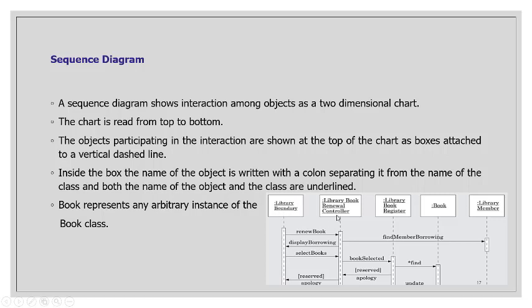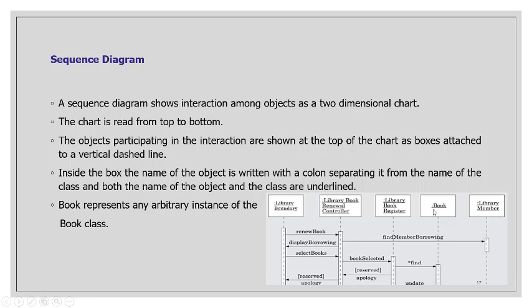You may write in this way, or you write the class name, then colon, then the object name. This signifies a reference to an arbitrary instance of the class. Here the colon book represents an arbitrary instance of the book class. Okay, this is the object name if it is after the colon.